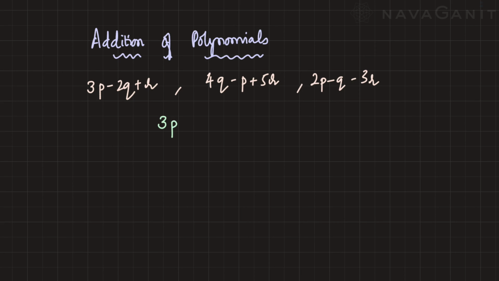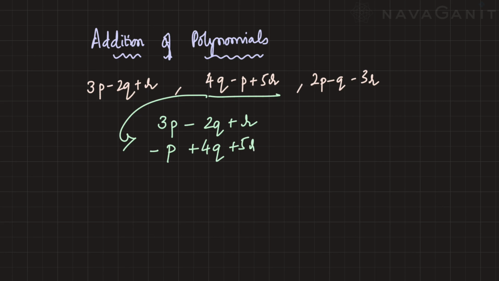For example, 3p minus 2q plus r. Now this one we'll write so that underneath p we write the p term. So this is minus p plus 4q plus 5r. We'll write them one below the other so that the like terms are aligned. Similarly, this will be 2p minus q minus 3r.